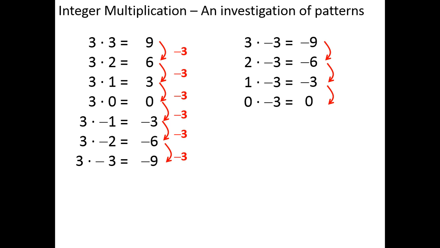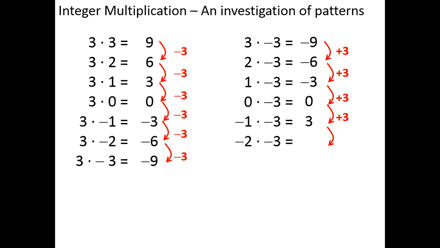And if we look at the patterns, we'll see that the products are increasing by 3. And on the left side, the first factor is decreasing by 1. So the next multiplication problem would be negative 1 times negative 3, and continuing the pattern on the right by adding 3, that would have to equal positive 3.